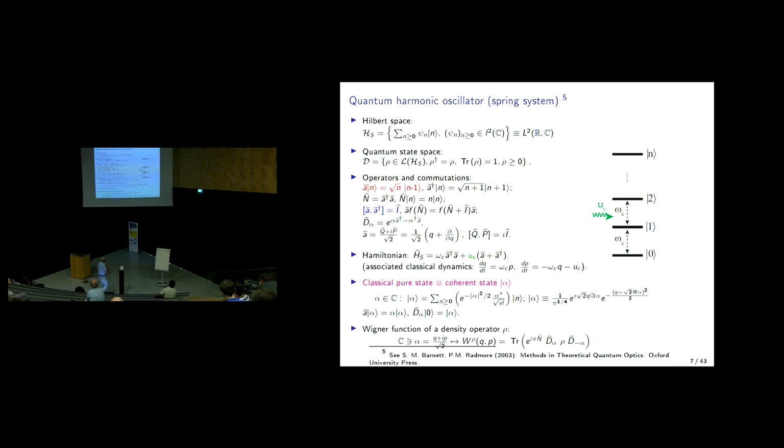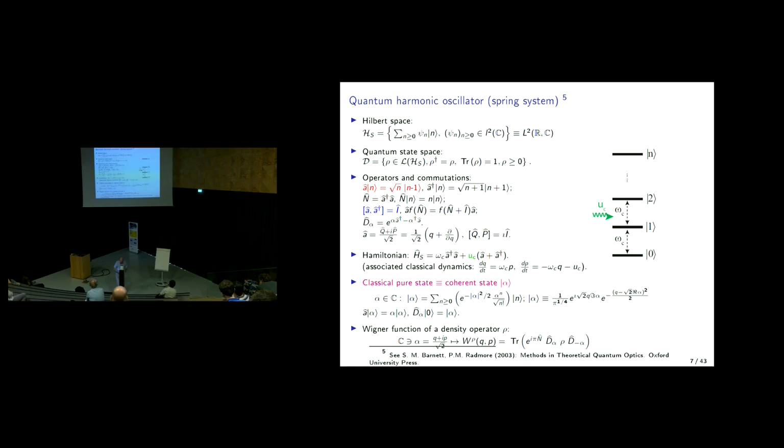And on this system, what you need is only A, the annihilation operator. This operator takes the quantum system from level n to n minus 1 with a square root of n in front of it, and you build any other operator on your system with A and A dag. Okay? So you have to master a little bit of this.